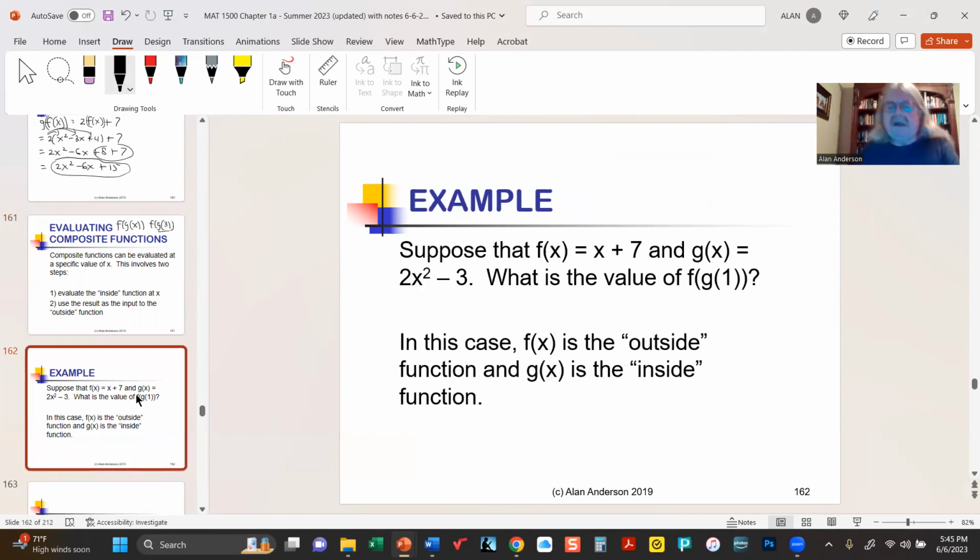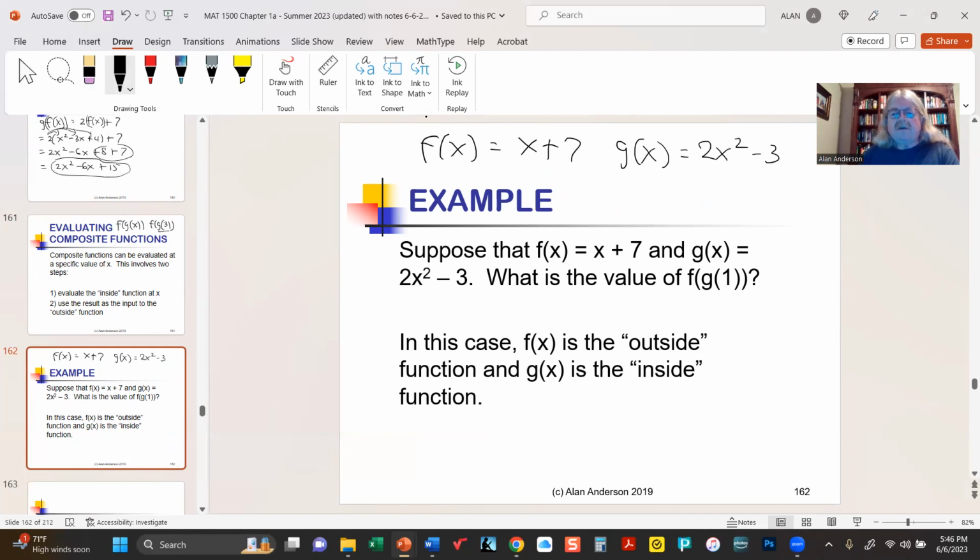So, for example, f of x is x plus 7. G of x is 2x squared minus 3. Now, we could certainly do f of g of x and then plug in the 1. But I think it'll probably be quicker to say, all right, why don't we do this? Let's just solve for g of 1.